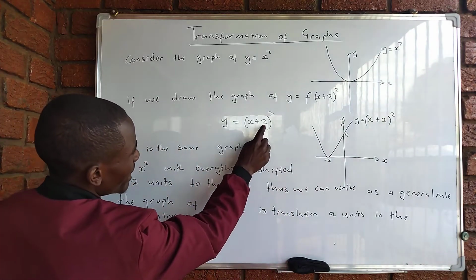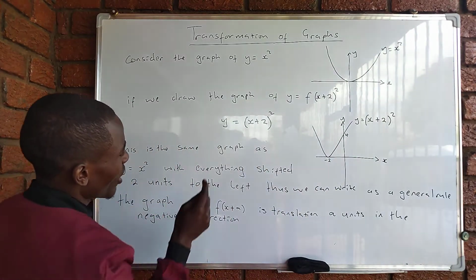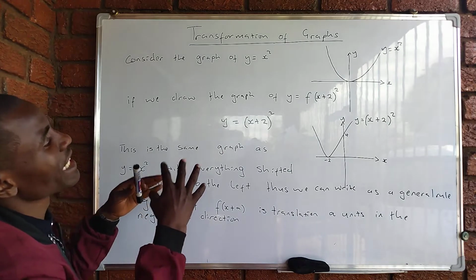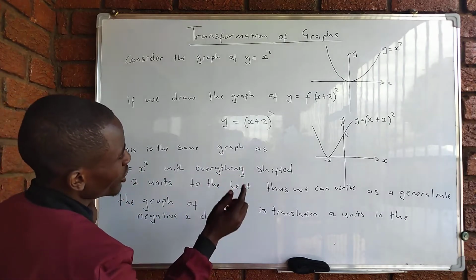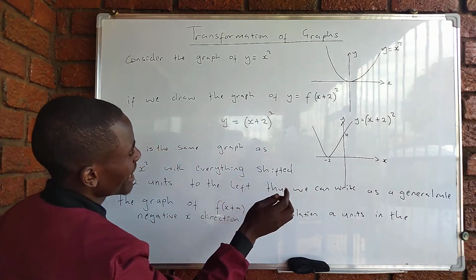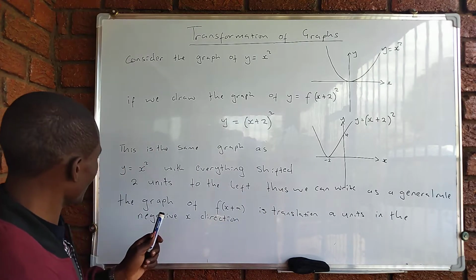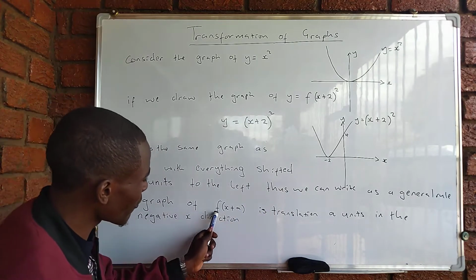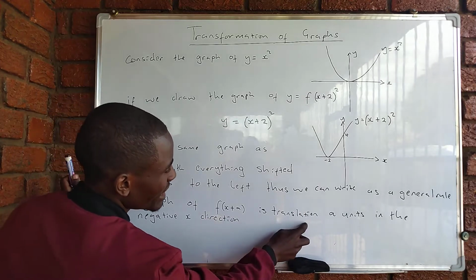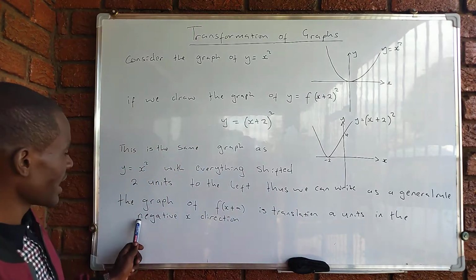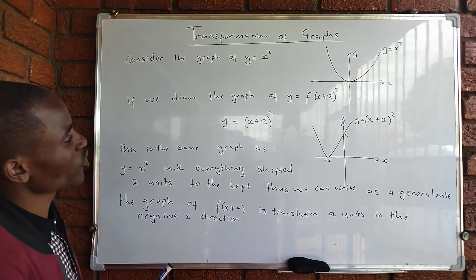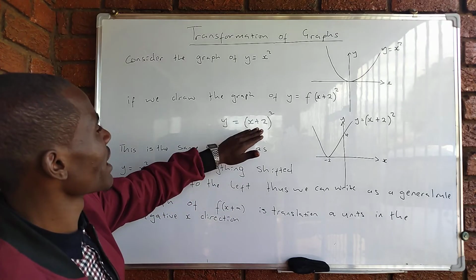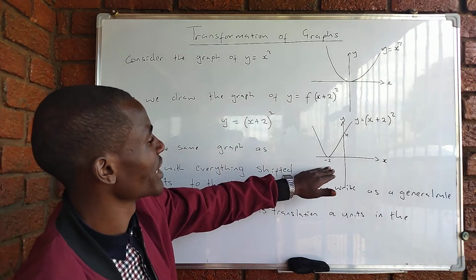Saka tikaisawo a panapa, in general if we put a now, graph redu ringoramba riri rimwe, but rinenge ramove a units kuenda ku negative x direction. So if we put a here, that's the general rule. The graph of f of x plus a is a translation of a units in the negative x direction. Because the graph iranga ranzi plus 2 panapa ndobva ramove richiya ku negative, right?